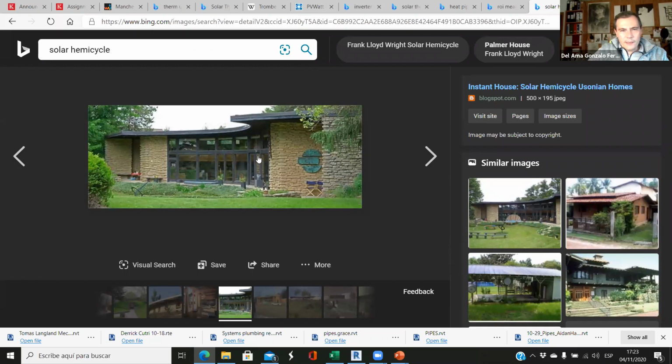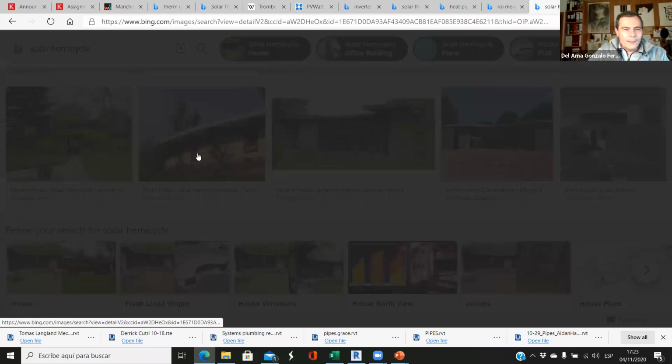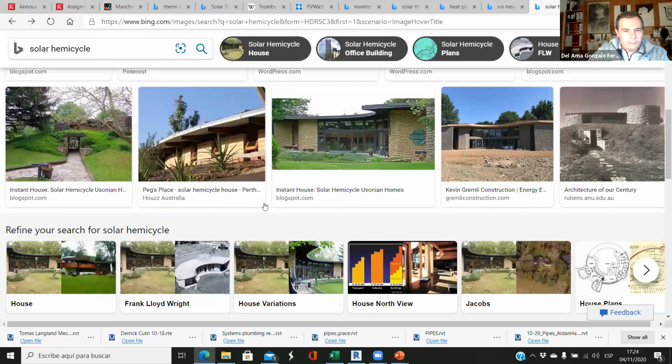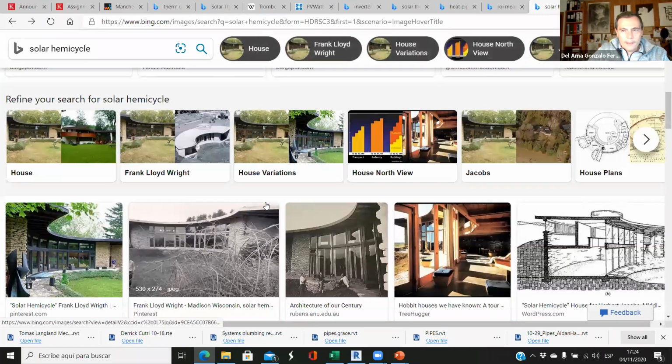This is facing south, a huge glass wall here, and looking north, it's like this. So it's buried. Okay, so it's not a thick wall with small openings. It's just that it's like a hill, and the house is like carved on that hill. So I think it's a great idea.